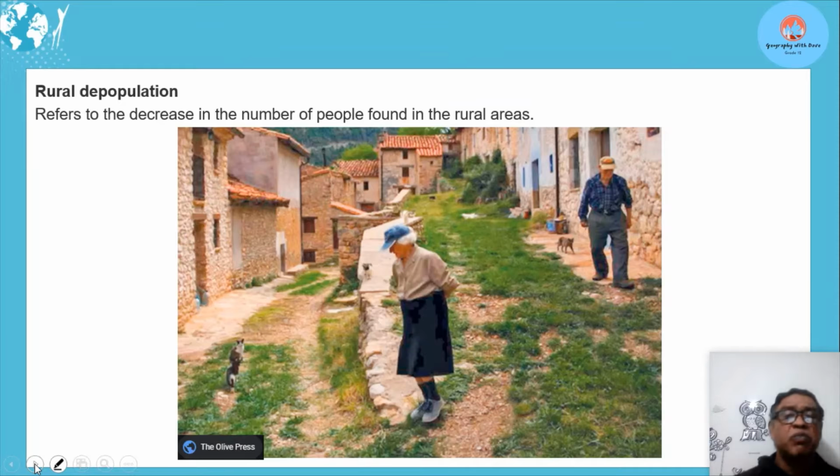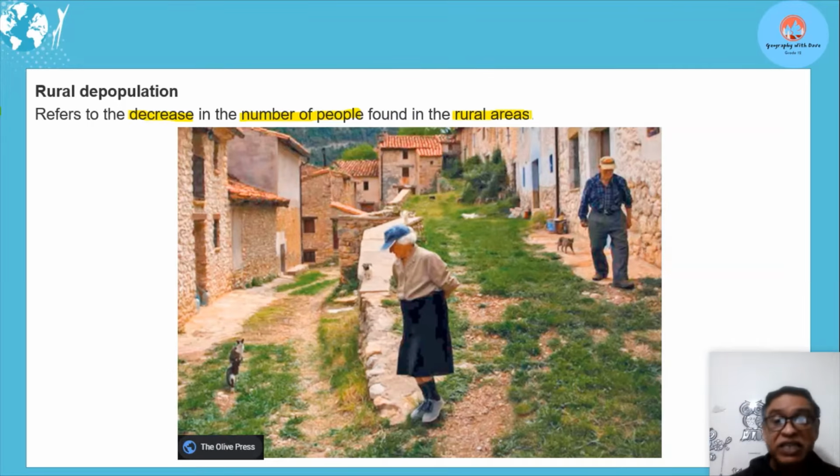Now let's look at the concept of rural depopulation. It refers to the decrease in the number of people found in the rural areas. Please note, they are linked, but there's a difference between rural urban migration and rural depopulation.